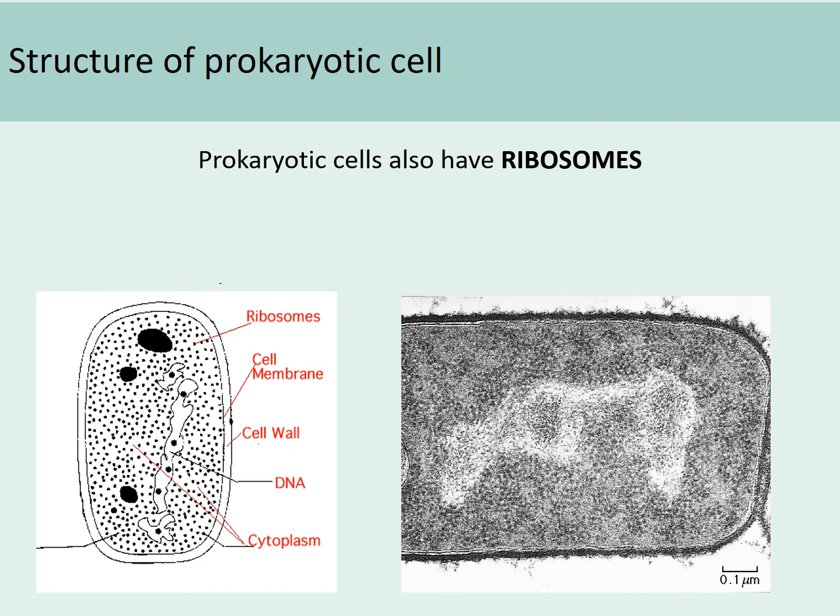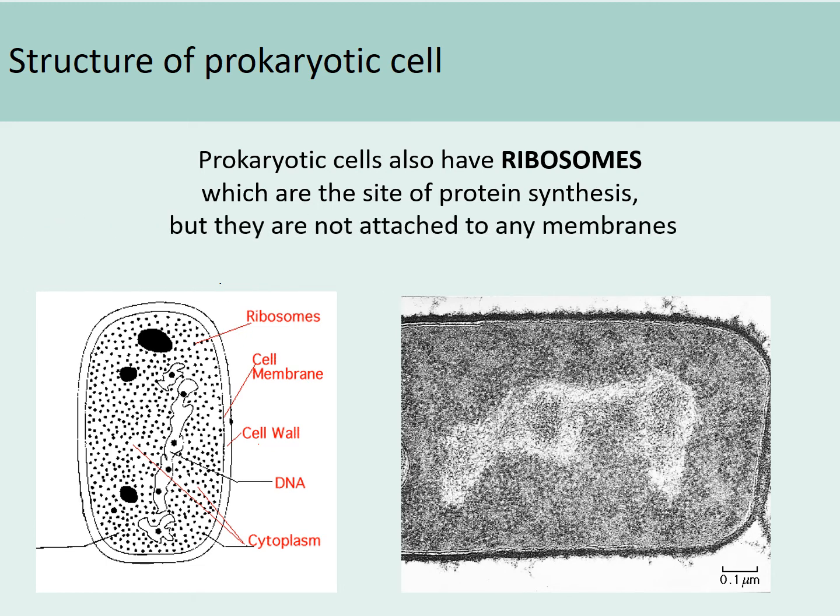We've already said that a similarity between eukaryotic cells and prokaryotic cells is that both of them have got ribosomes. Now, the ribosomes aren't different in prokaryotic cells. You don't need to worry too much about that. But as we learned in lesson number 1, this is where protein synthesis takes place, because bacterial or prokaryotic cells do require proteins.